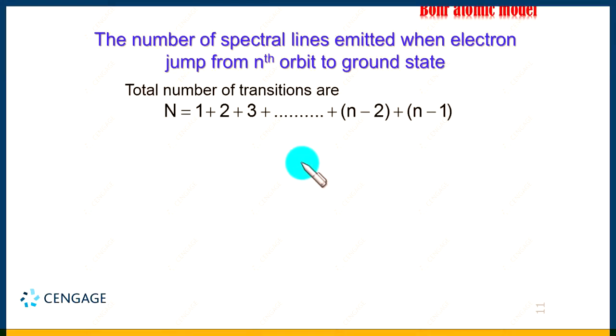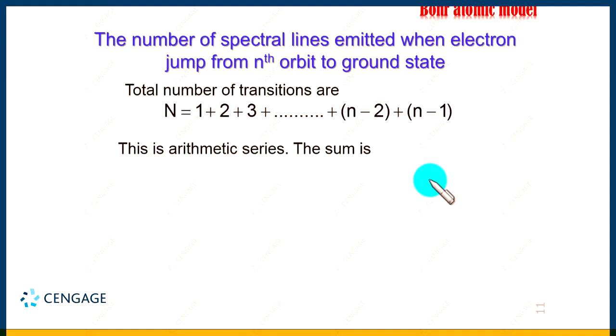And we can observe this is an arithmetic progression, and for the summation of the arithmetic progression we have the simple formula, and this formula is equal to n multiplied by n minus 1 divided by 2. So, this is the final formula we can use for counting the number of the spectral lines.